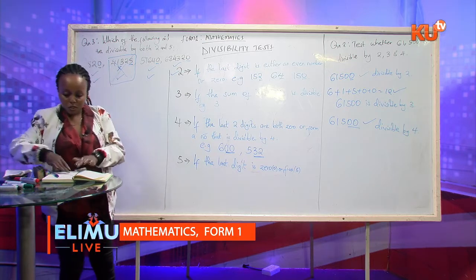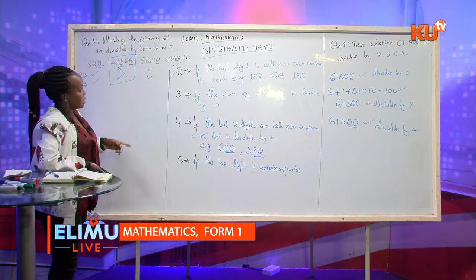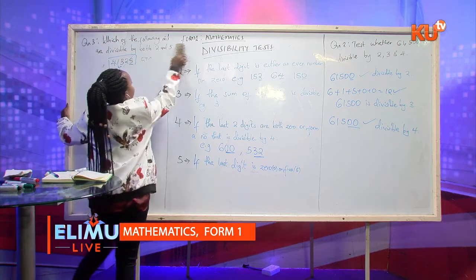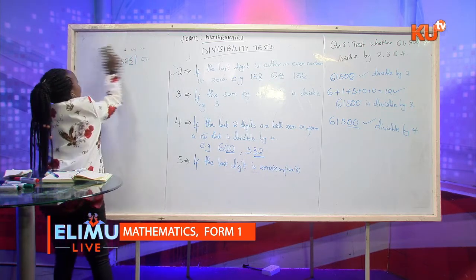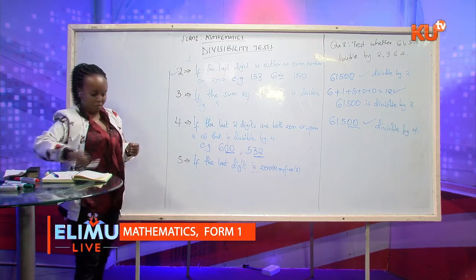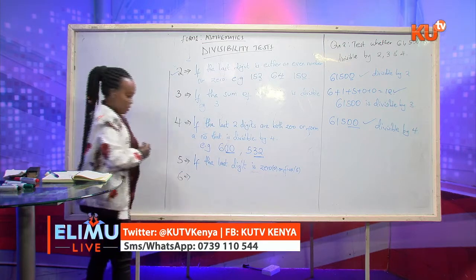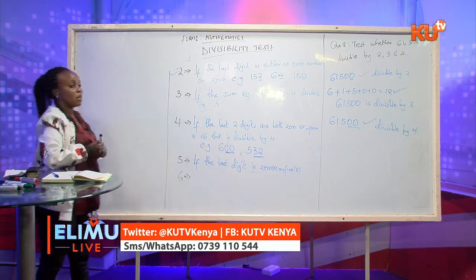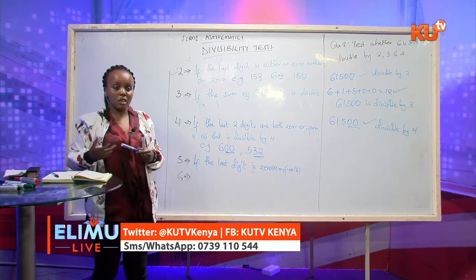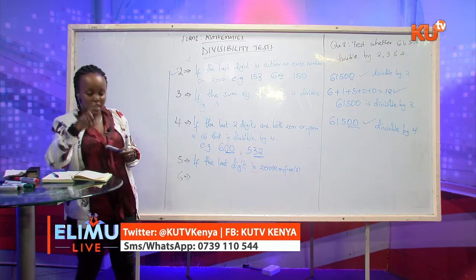So let us continue now by finding the divisibility test. We are continuing with the divisibility test for 6. A number is divisible by 6 if that number is divisible by both 2 and 3. So to know that a number is divisible by 6, you are supposed to look at that number if it is divisible by both 2 and 3.